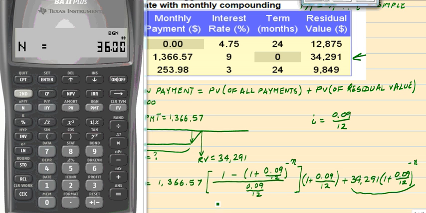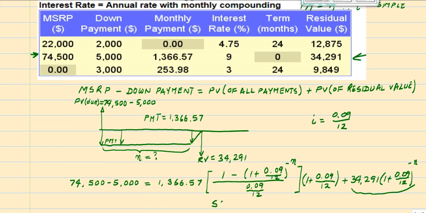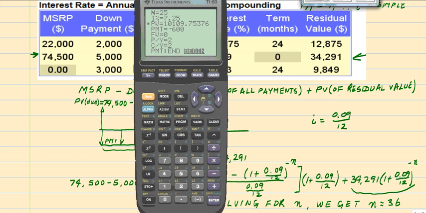So solving for n, we get n is equal to 36 monthly payments. If we use the TI-84, in this case n is going to be 0.